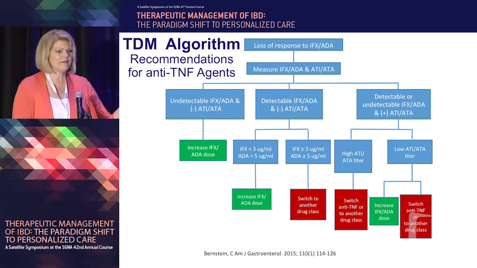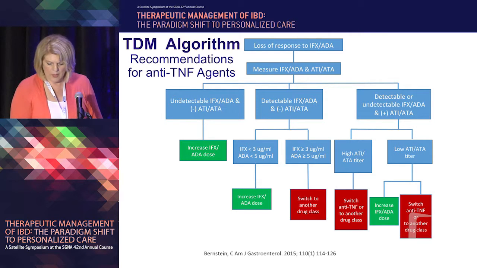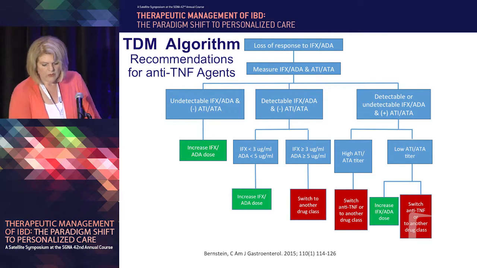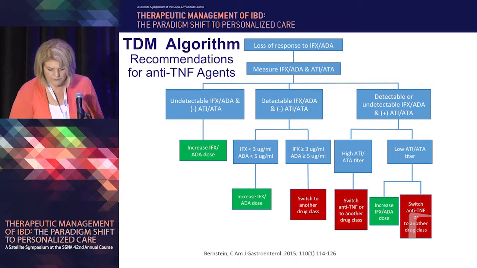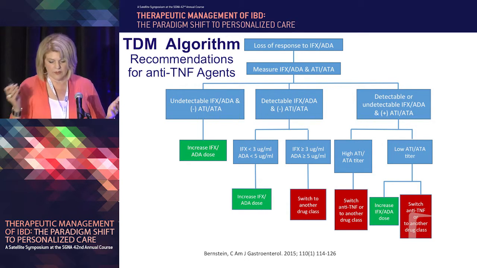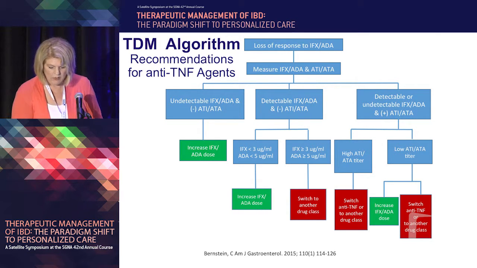Does that make sense to everybody? Okay. And then in the last one, the drug level is undetectable, as you can see here, but they've got positive antibody levels, meaning it's going against the drug.